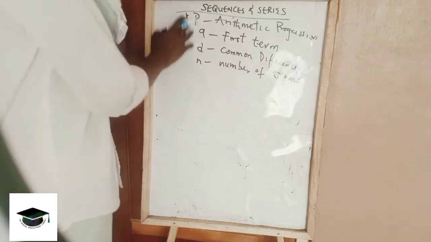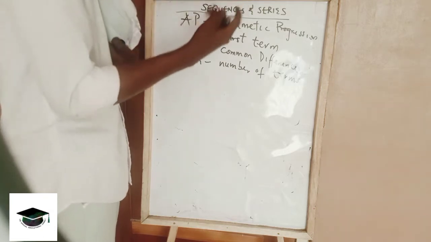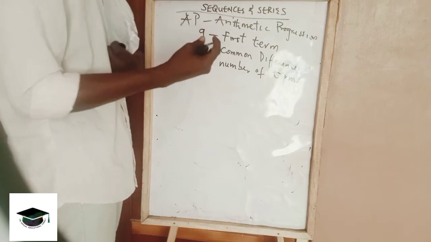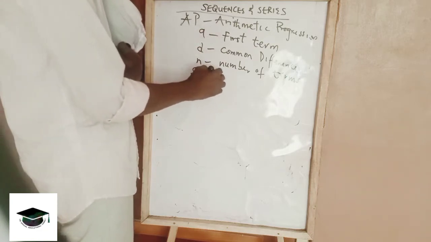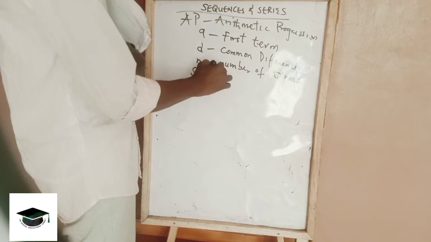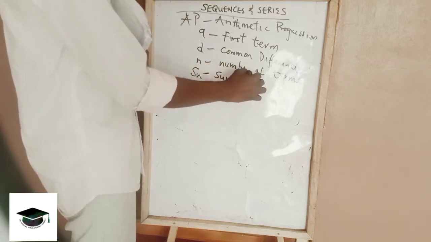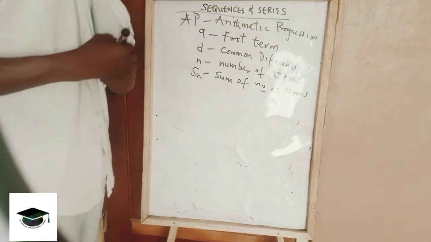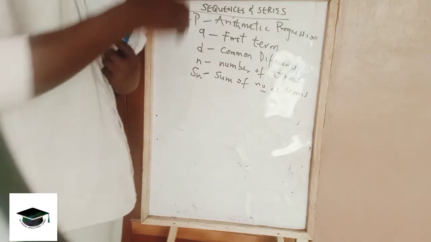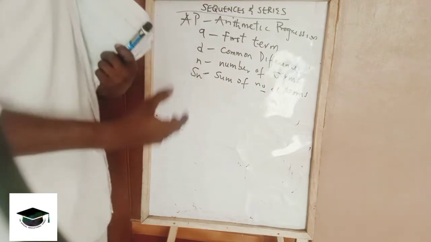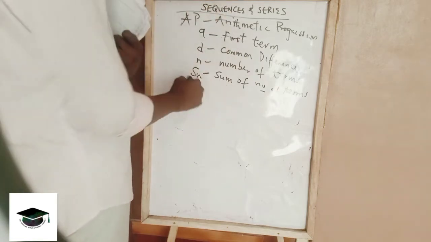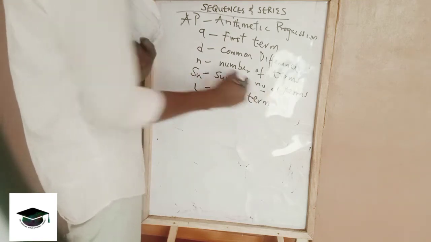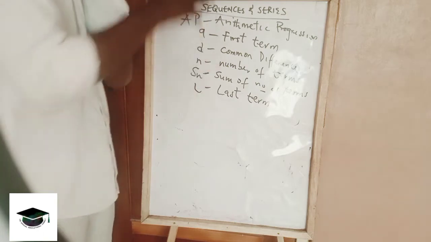When I say Sn, it means the sum of a number of terms. For example, you might be asked to calculate the sum of the first 7 terms. L means the last term. Whenever you see L, it means the last term.